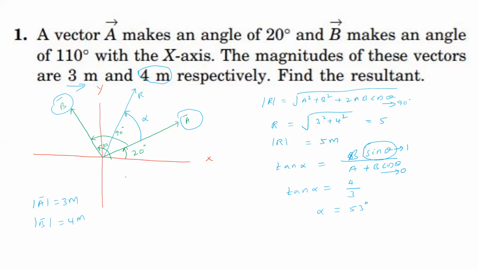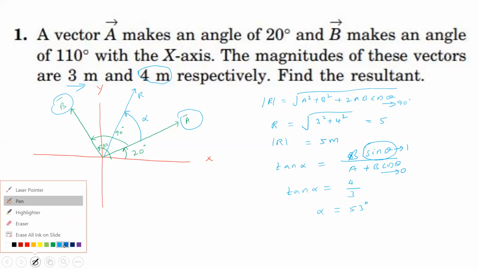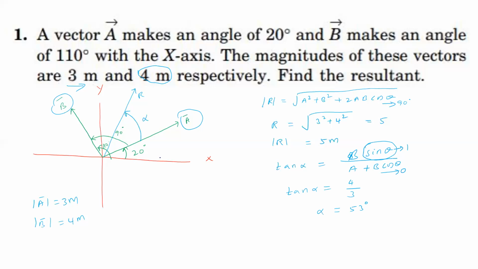But this resultant makes an angle with the x-axis of alpha plus 20 degrees. That means the resultant makes an angle of alpha plus 20 degrees.